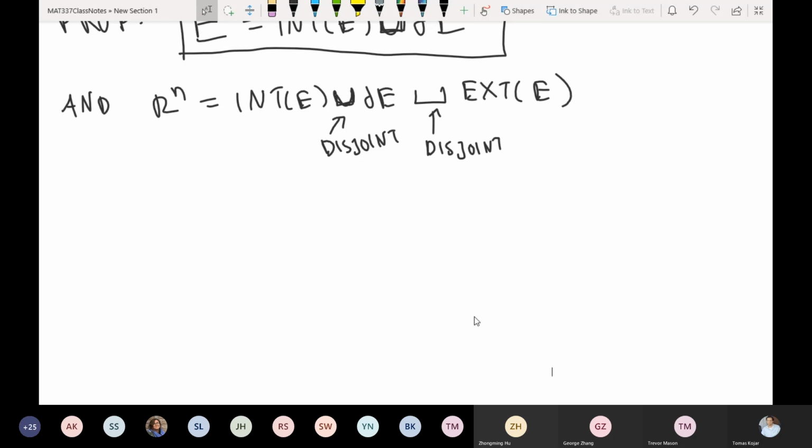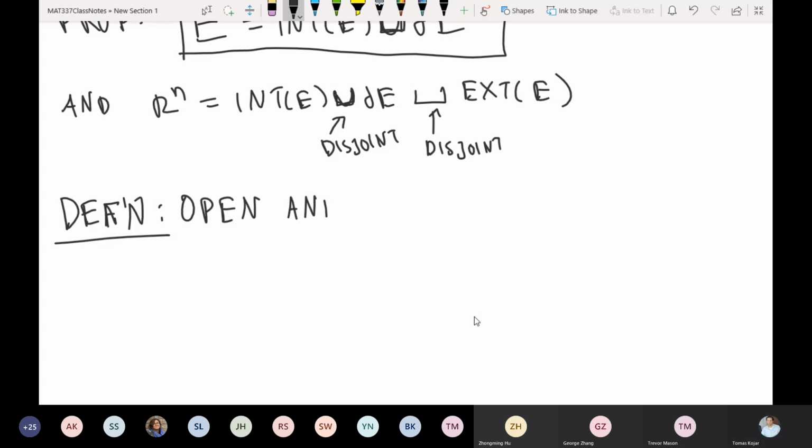Okay, fine. So now let's define open and closed sets, and then we'll take a break. Open and closed, and also what's called the clopen.